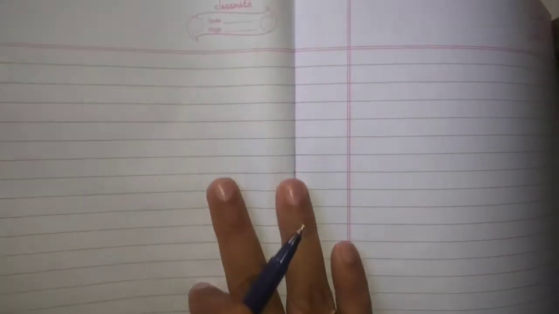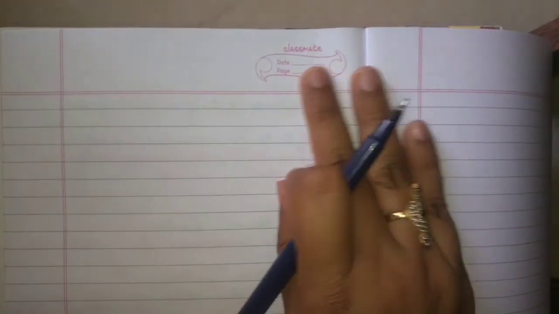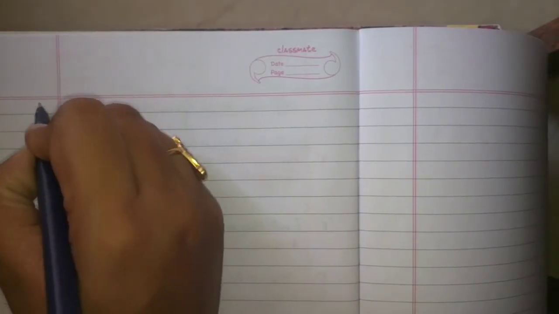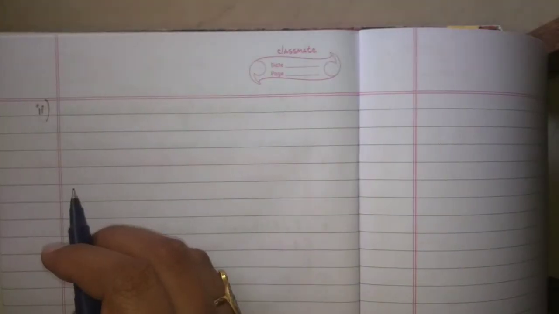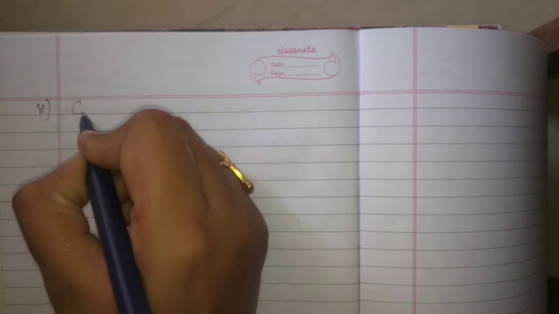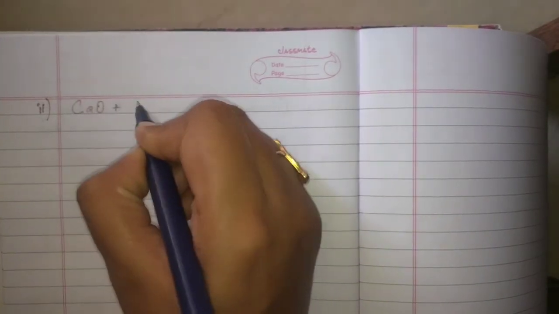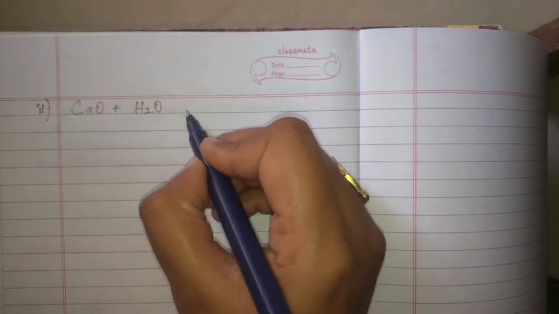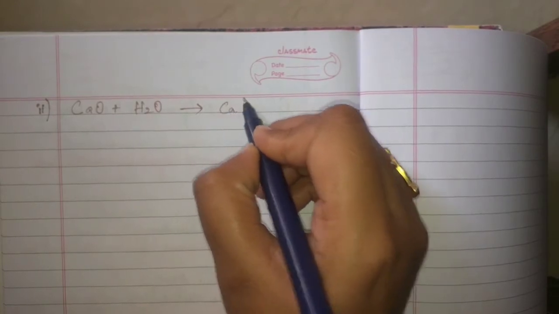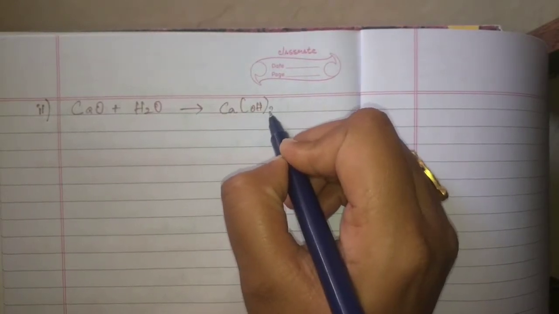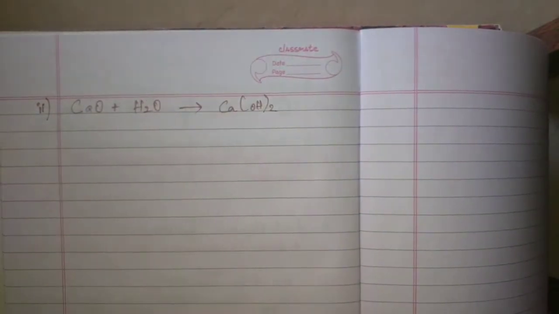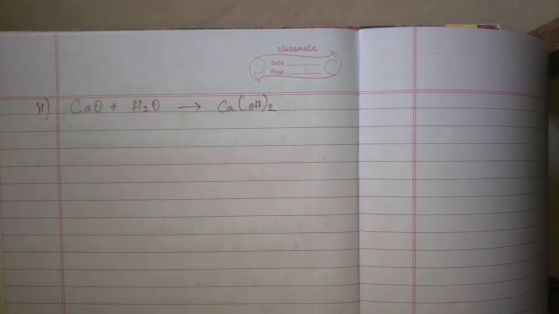Next example. Second example for combination reaction. That is calcium oxide reacts with water. It gives calcium hydroxide. This reaction is very important in this chapter because it is repeated many times.